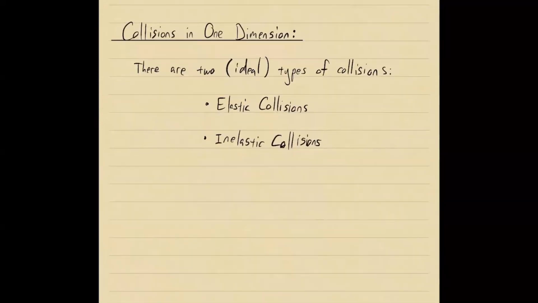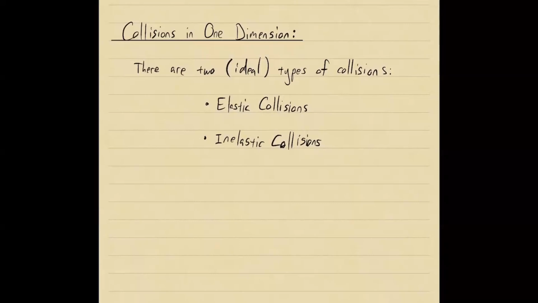All right, so why did I say there are two ideal types? Because no collision in nature is perfectly elastic or inelastic. Well, on the macroscopic scale, excuse me, right? When we're dealing with things like particles, like neutrons and protons and electrons and all that stuff, then there can be elastic collisions.